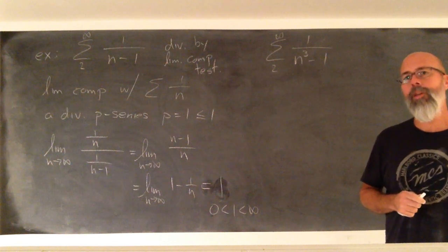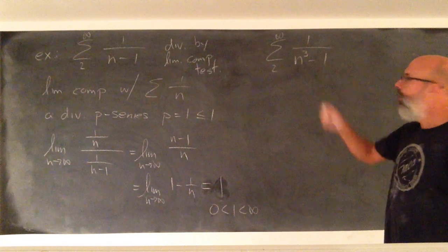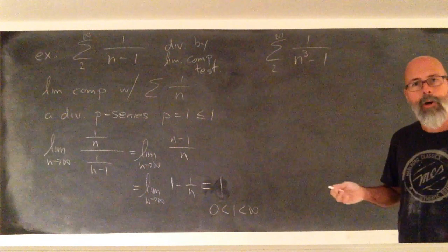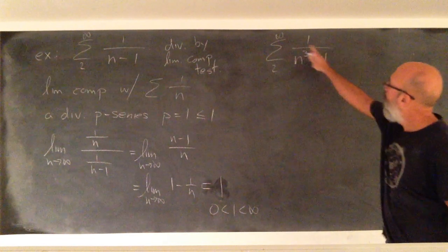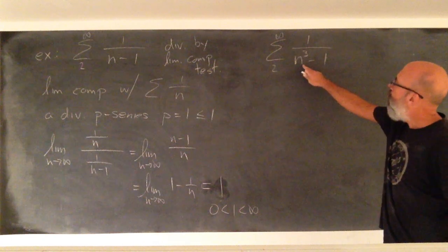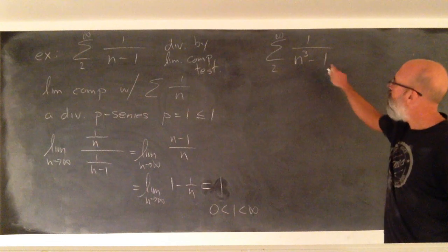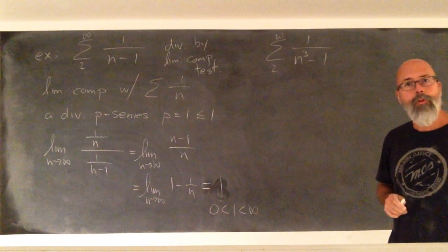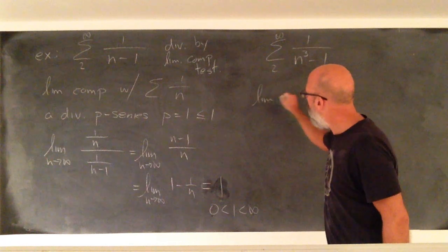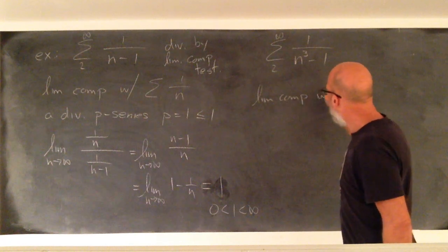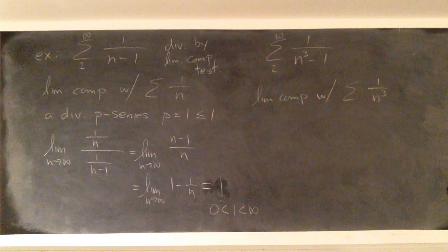It wasn't obvious. You'll see, though, that in the limit comparison test, there's almost nothing to do. The dominant term in the denominator is n cubed. This minus 1 here is negligible for large values of n. So we're going to do a limit comparison with the series 1 over n cubed.